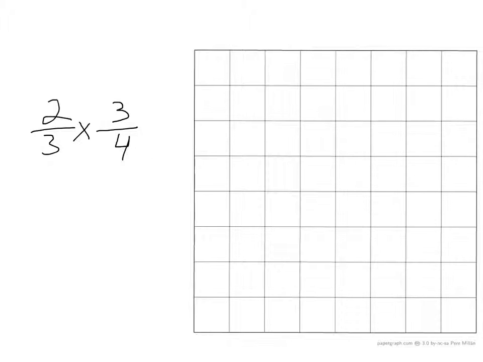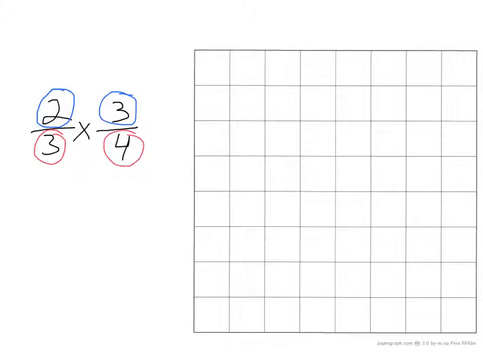Now, if we're going to draw an array to represent 2/3 times 3/4, we first have to make sure that we understand something about fractions. The denominator represents the whole amount, and the numerator represents the part of the whole that we're talking about.